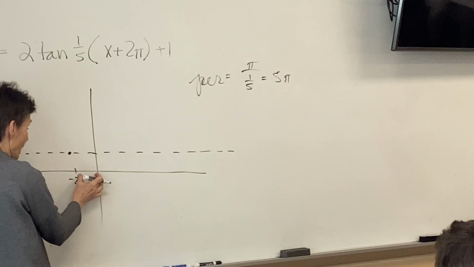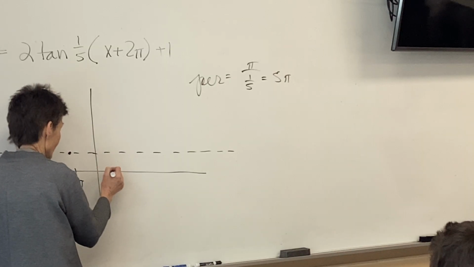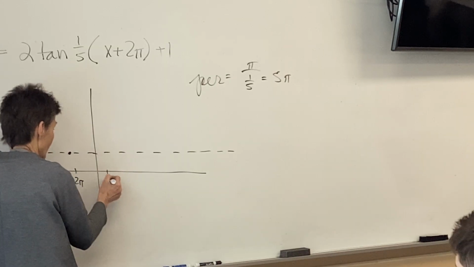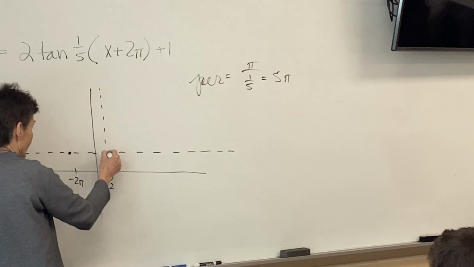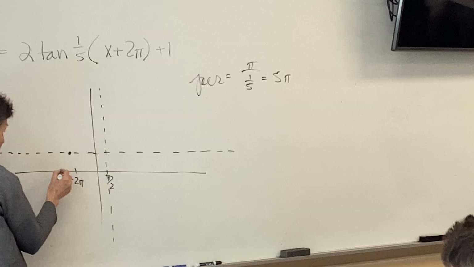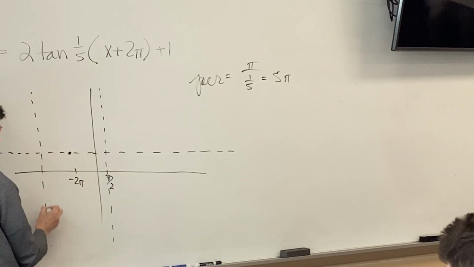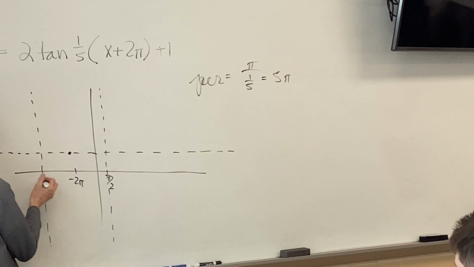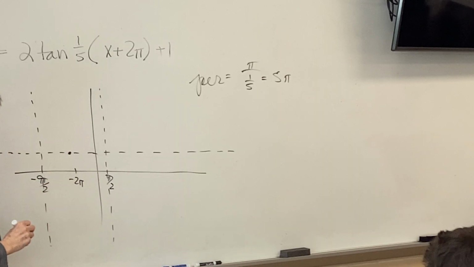So that's 2 pi right there. So 2.5 pi would be like right here. So what, pi over 2? And then 2.5 pi this way is going to be at negative 9/2. Or negative 4.5. You can use decimals or fractions.